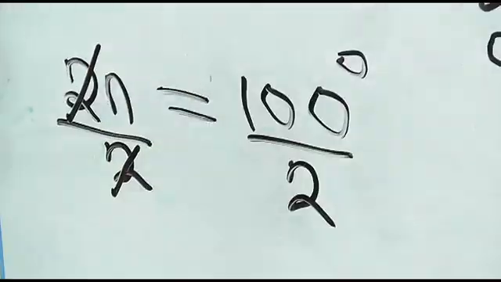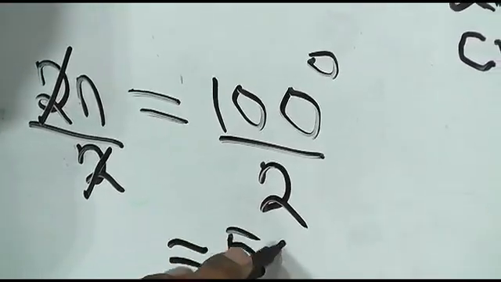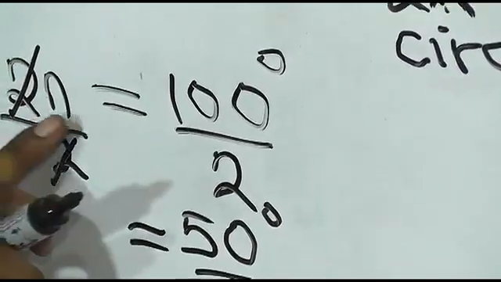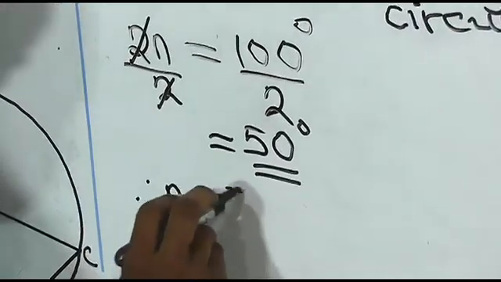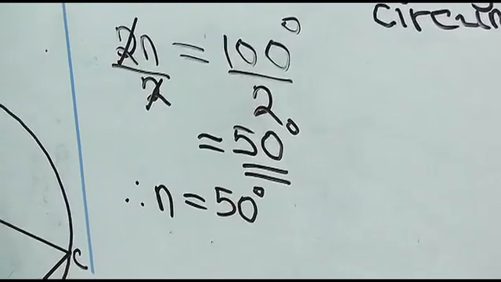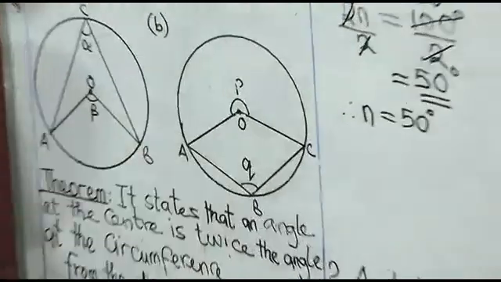And 2 into 100, you will have 50 degrees. So your angle N is 50 degrees.